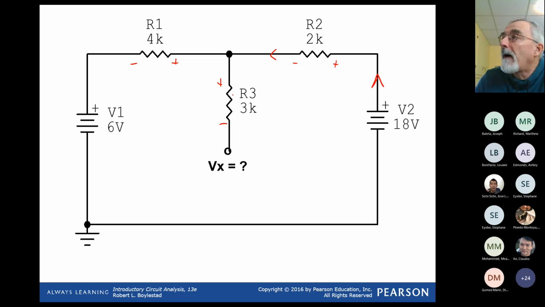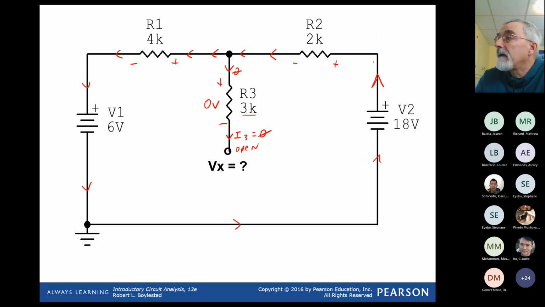Our first dilemma is this open, and that simply tells us that this current is 0, and thus this volt drop, which is the current times the resistance, must be 0. Since this current is 0, all of the current flows into the 4K resistor charging the battery.